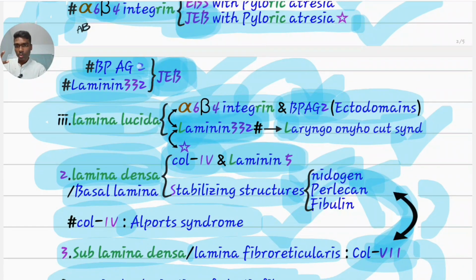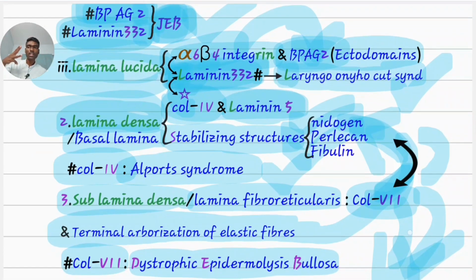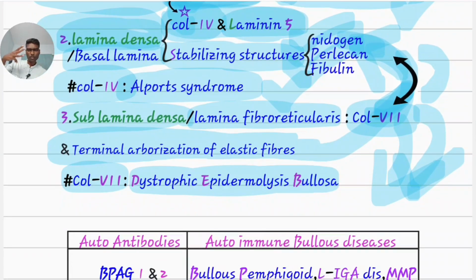Here 2 for second numerical, second defect, junctional epidermolysis bullosa. Third and last deepest structure, collagen 7 in sublamina densa, below lamina densa, leading to dystrophic epidermolysis bullosa.